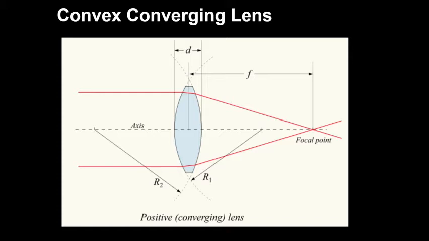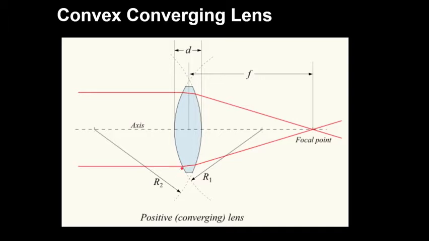You can see here that on the left side of the lens, we have two light rays that are parallel to the principal axis. So this dotted line that runs straight through the lens is known as the principal axis. These red light rays begin parallel to the principal axis. So we're going to call those parallel rays.